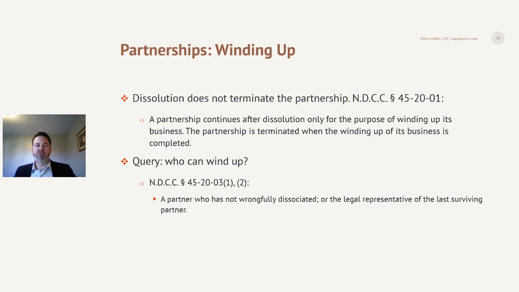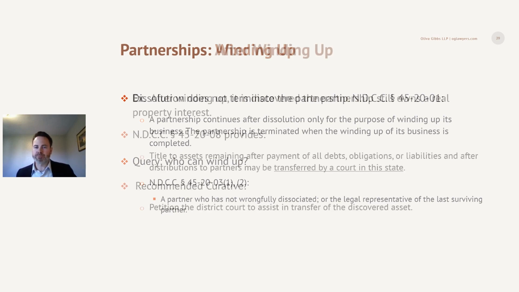So until that procedure is finished, the partnership still is in existence, and any partner that has not wrongfully disassociated itself from the partnership, or the legal representative of the last surviving partner in the event the original partners are deceased, any of those folks can be the ones to wind up partnership.